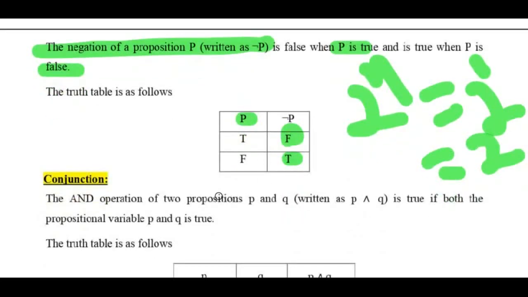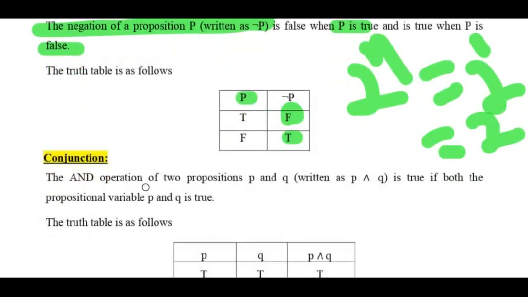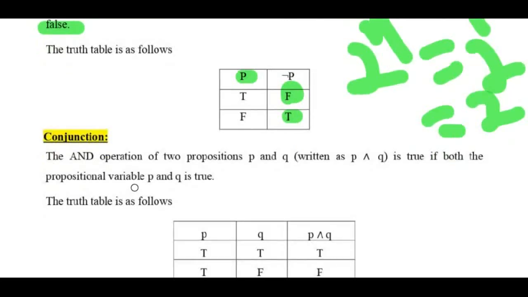Next definition, we will see conjunction connectives. Conjunction connective is nothing but joining two statements, so here we need a minimum of two statements.